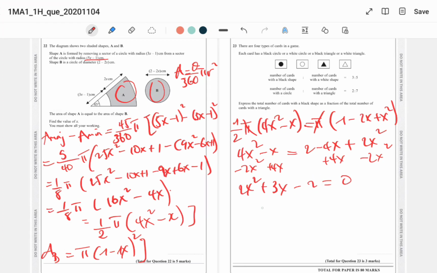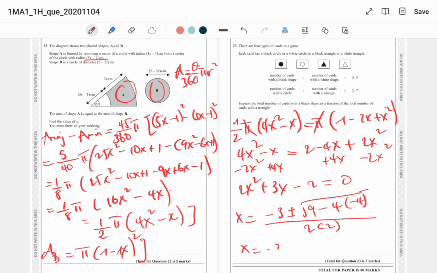So I guess we can use the quadratic formula. So x would be negative b plus or minus the square root of b squared, which is 9, minus 4 times a times c, which is negative 4, over 2a.